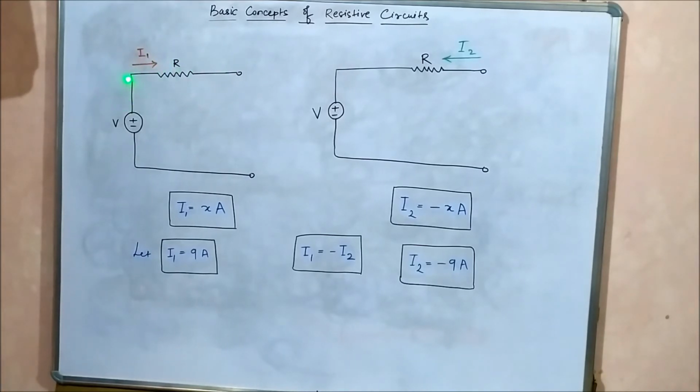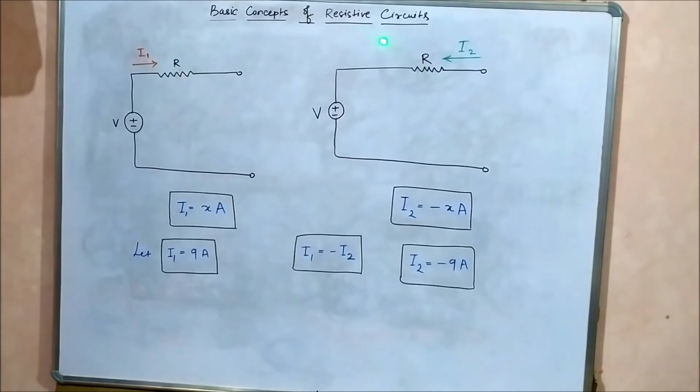So let's say a current I1 flows through resistor R in this direction, from left to right, I1. And let's say the value of I1 is x ampere. I1 is equal to x ampere.